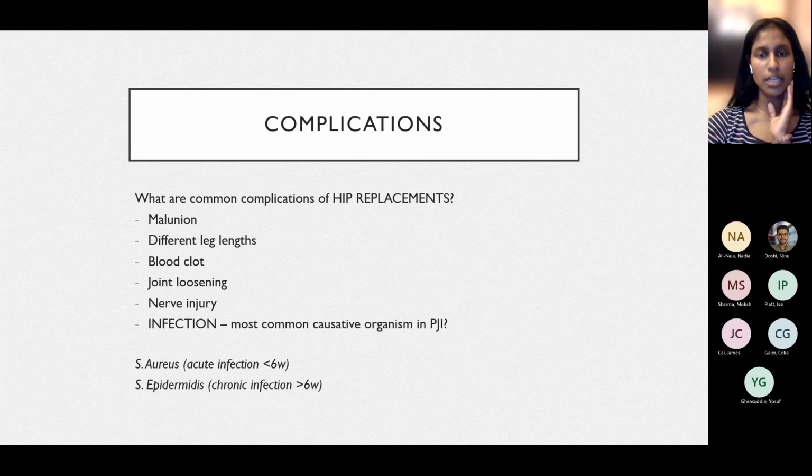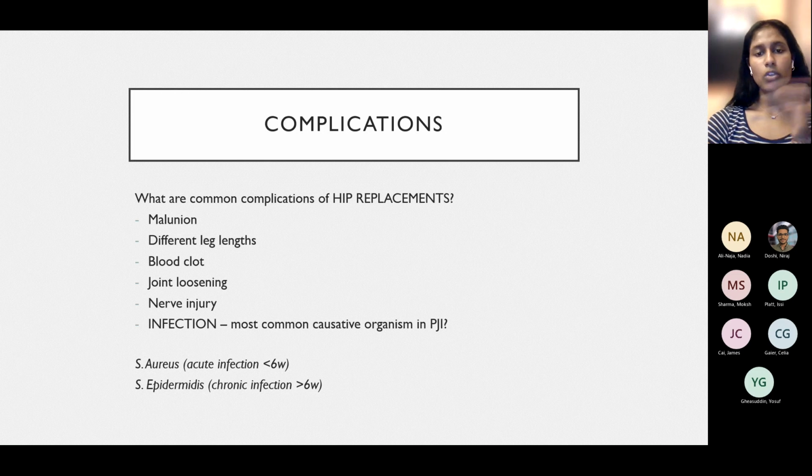So do remember those. Niraj was asking, what if people aren't mobile after a while, after any operation really? I think he's going along the lines of blood clot. Niraj, I hope that's what you were going along. A frozen joint, possibly. That could happen as well.